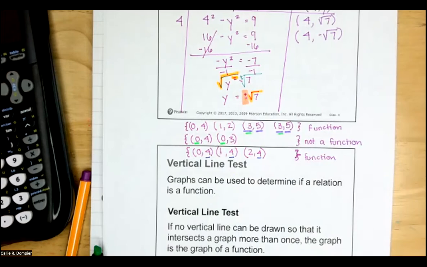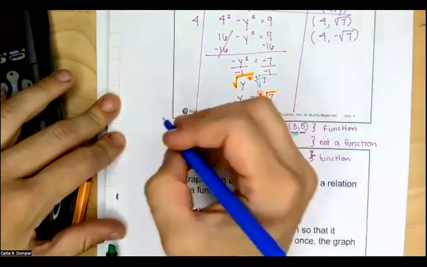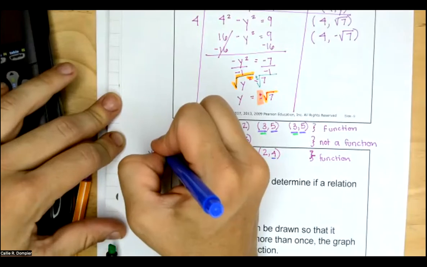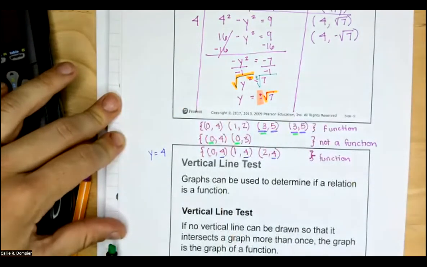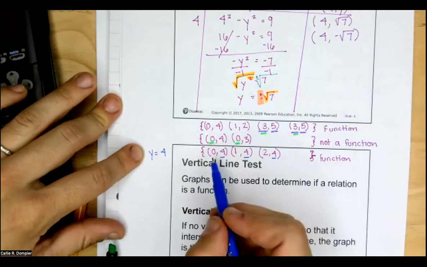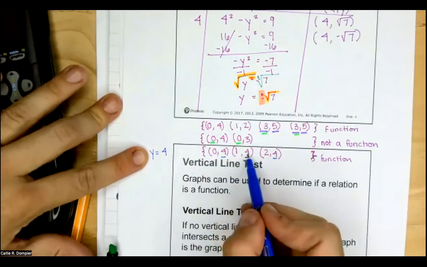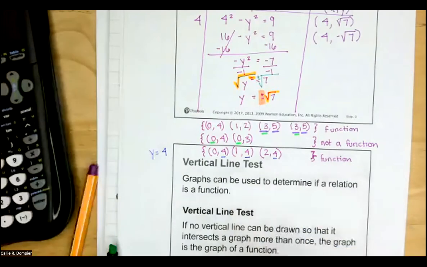Okay. Think about if I just have y equals 4. When x is 0, y is still 4. When x is 1, y is still 4. When x is 2, y is still 4. That's okay. X is not even a part of it.